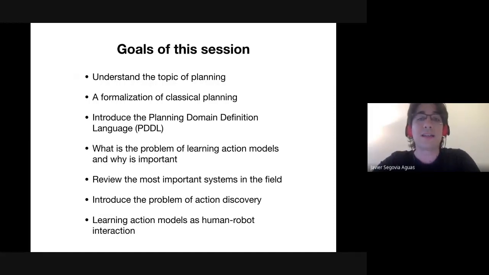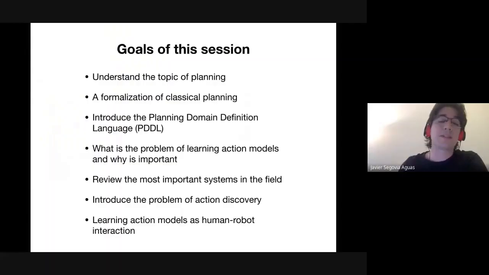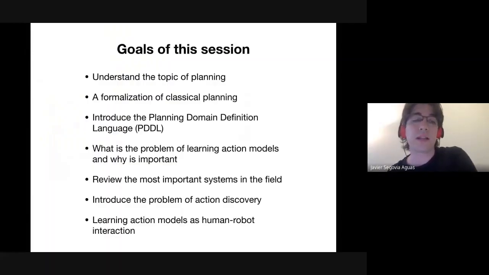Also to introduce a little bit the language in which we express the problems, that is the Planning Domain Definition Language, or PDDL. There are many versions of this language, but we are going to introduce the most basic one. And also, we will talk about what this problem of learning action models is and why it's important. And we will review the most important systems in the field, the state-of-the-art systems of the last 15 years.